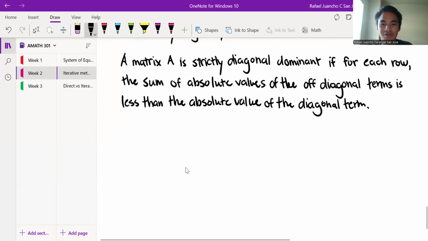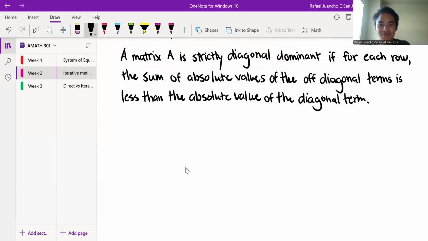So what in the world does that mean? Well, let's say we're given a matrix A. Something that would be diagonal is A_kk. Let's make it simpler.